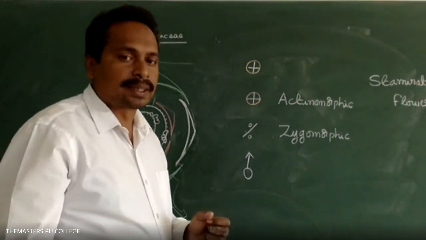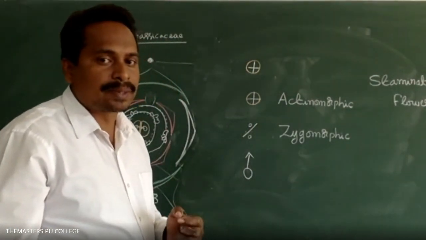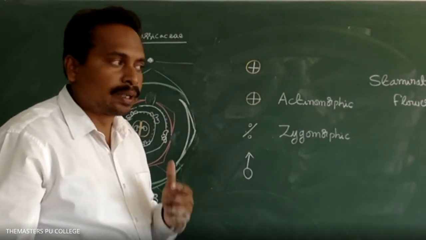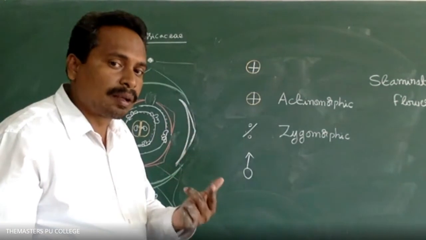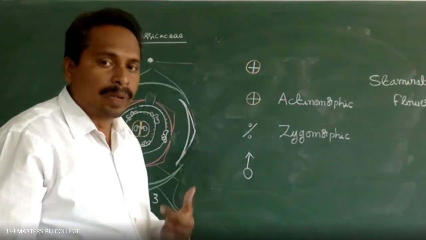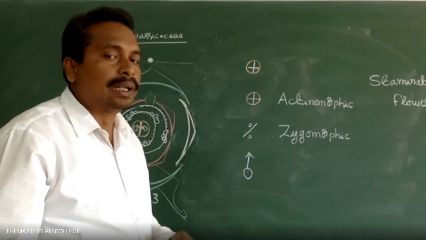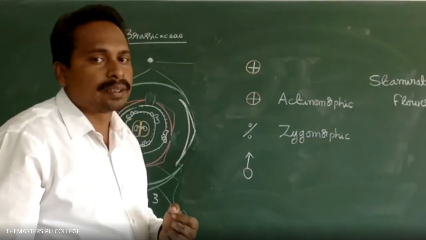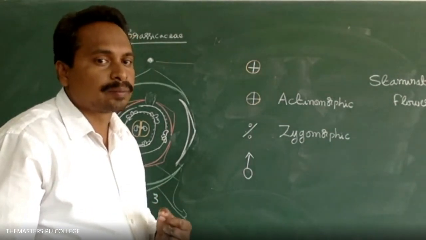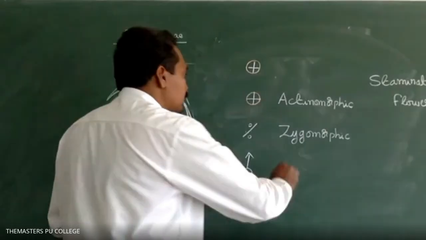Only androecium is present. Only androecium essential organs are present in a flower. That is staminate, male flower. If only gynoecium essential organs are present, that is a pistillate flower.